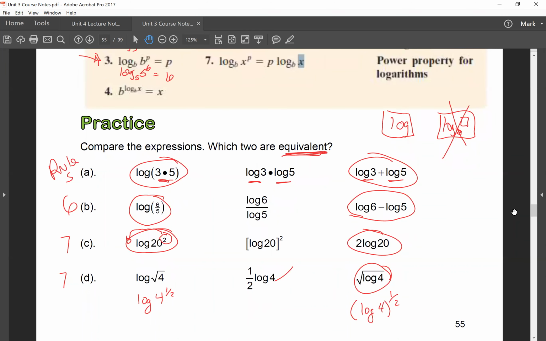If you look at rule 7, it specifically says that it's only when that x term has the power. It's not when the whole logarithm is squared or cubed. So for D, the answers are these two. I can take this 1/2 and bring it out front. So these are equivalent.